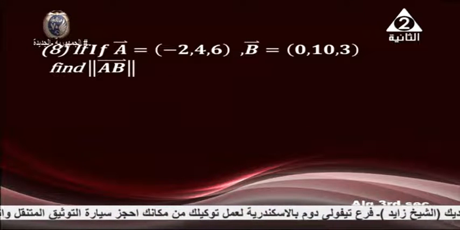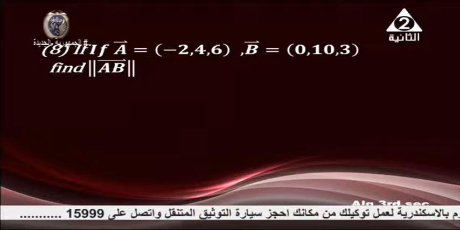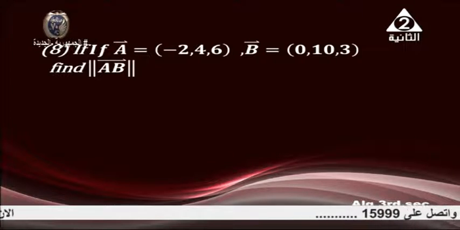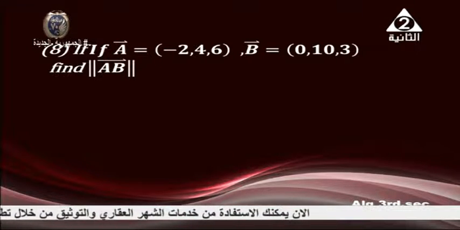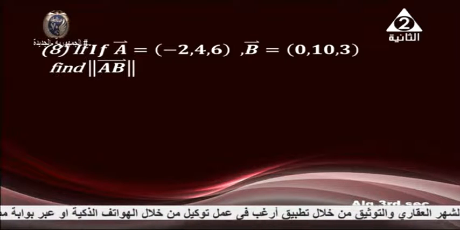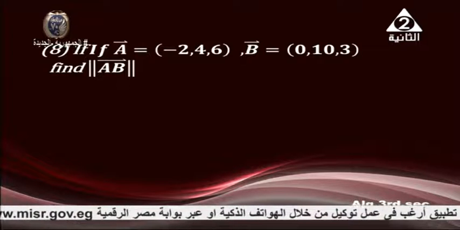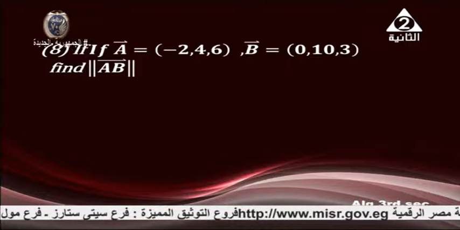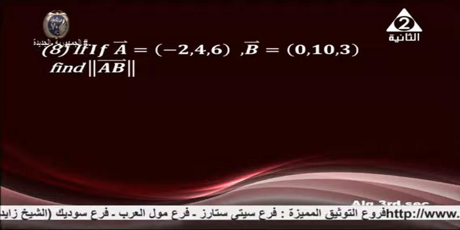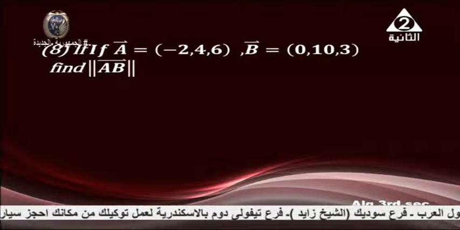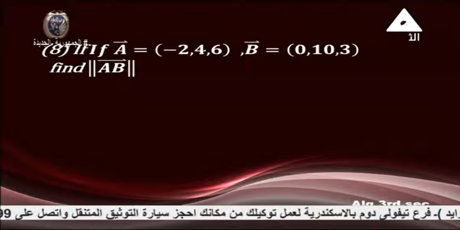Now we translate to another example. If we have vector A (negative 2, 4, ...) and also B (0, 10, 3), find the norm of AB. Norm AB, don't forget: vector AB is B minus A, point B minus point A, or vector B minus vector A. After that, the norm means the length of the vector AB.